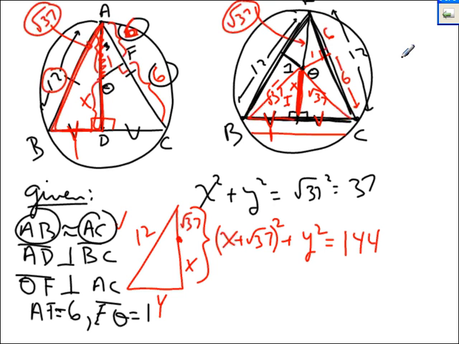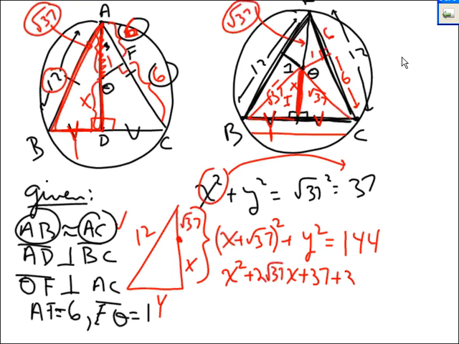And when I square the left, I get x squared plus 2 square root of 37 x plus 37 plus y squared. Now y squared, bring that to the other side. y squared is really 37 minus x squared, and this still equals 144.